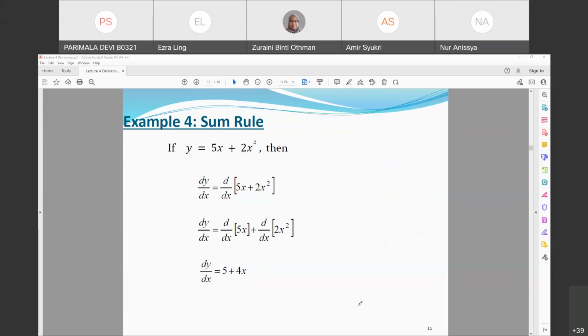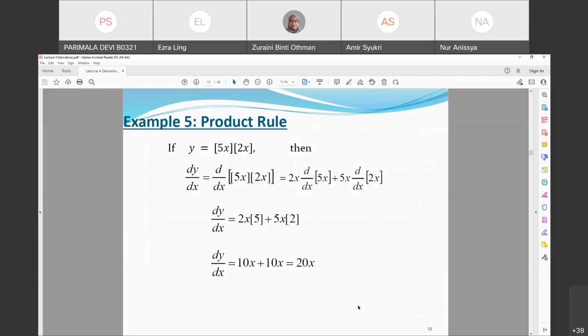Don't have question, we move to the product rule. Okay, actually this kind of question, we can solve it by using, kita darabkanlah dulu, which is we had here 10x kuasa 2. Then 10x kuasa 2 kita bezakan dia, kita dapat apa? Kat sini.